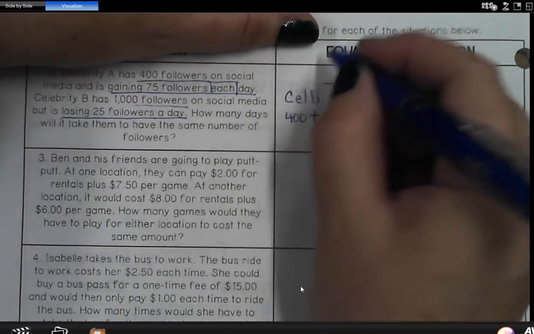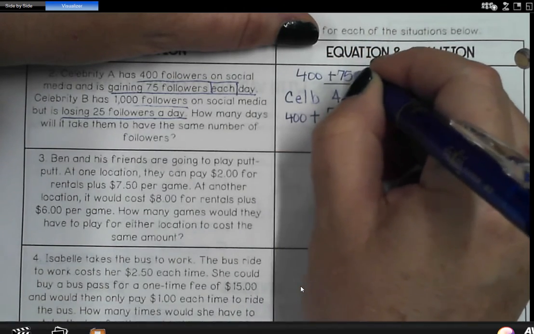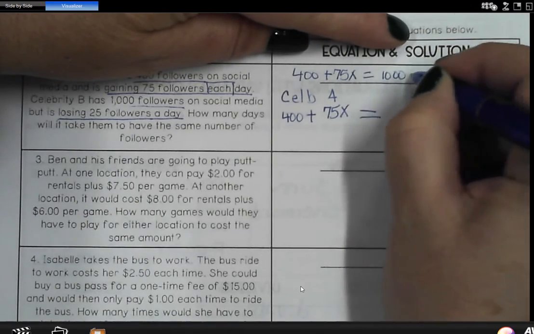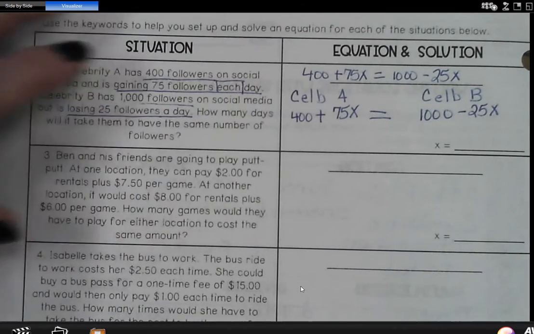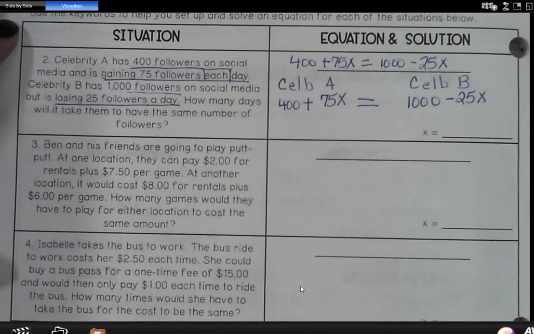So my equation is 400 plus 75x equals 1,000 minus 25x. Now let's solve it.